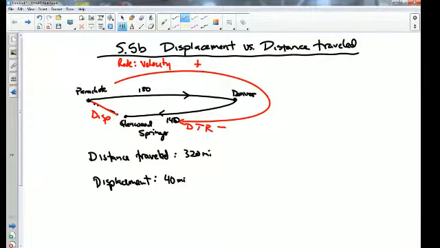So, a displacement integral is automatically going to do the math for you, because it's going to add the positive velocity and then subtract the negative. It's automatically going to take care of that for you. Okay? So this is a displacement integral.